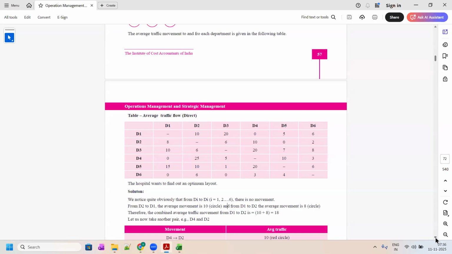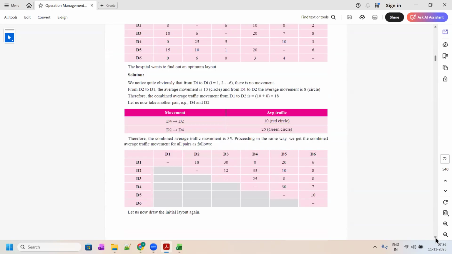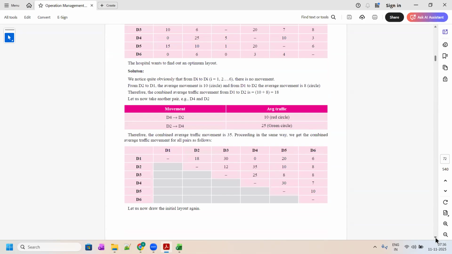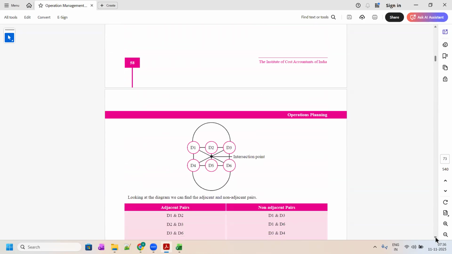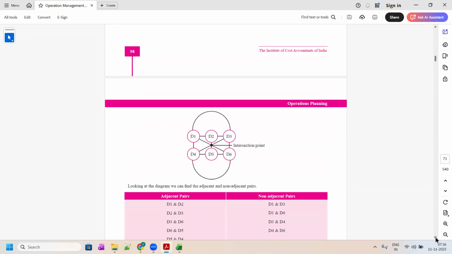You can either randomly use a trial and error method, or you can think about some kind of possibility. Suppose this is the possibility given: D1, D2, D3, then D4.